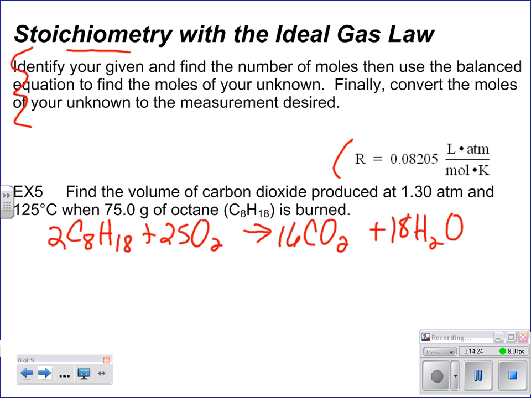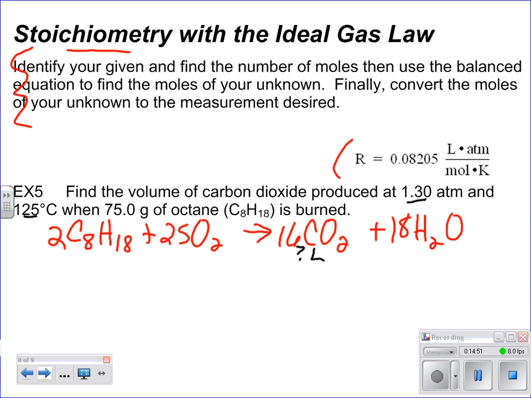Just like our other stoichiometry problems, I'm going to read through this and write the information down beneath each of the substances that we're talking about. So it says find the volume of carbon dioxide, so question mark liters, produced at 1.3 atm and 125 degrees Celsius. So what we should see from that is that that's all going to be at that same condition. That's the carbon dioxide.